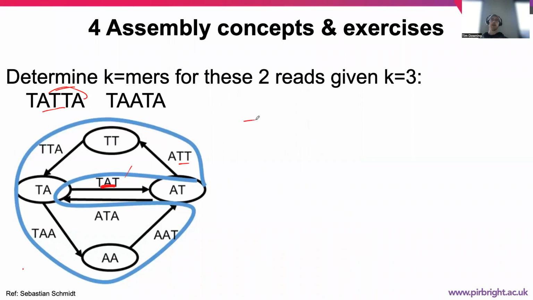So that one could be represented in a circular manner: we have TAT at the start, the next one is ATT, and the last one is TTA. So that could theoretically be circular.